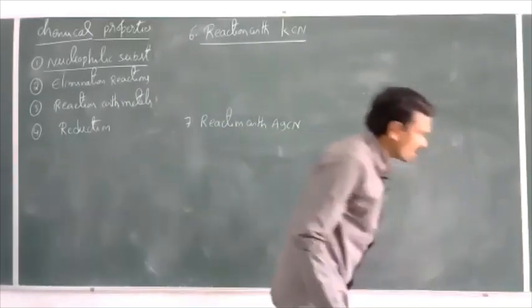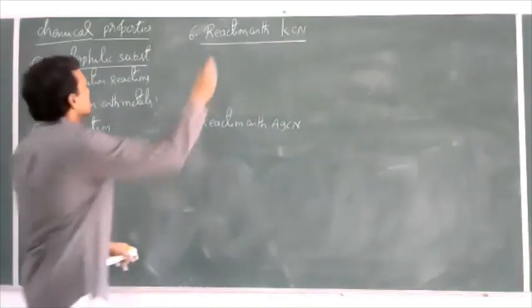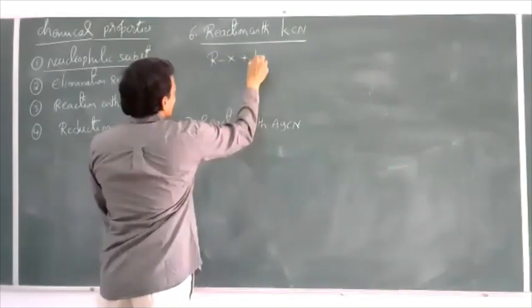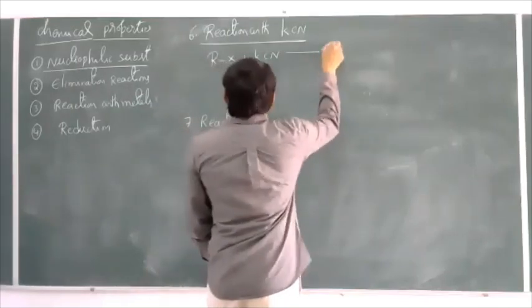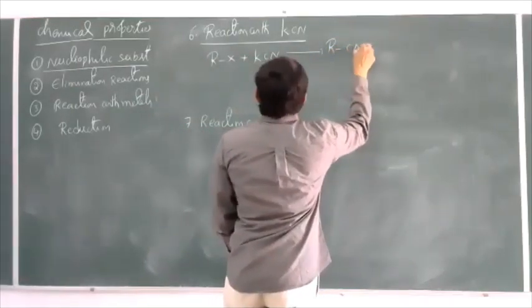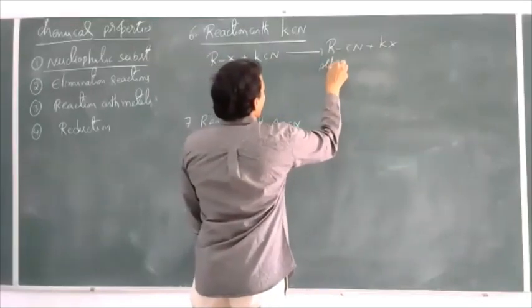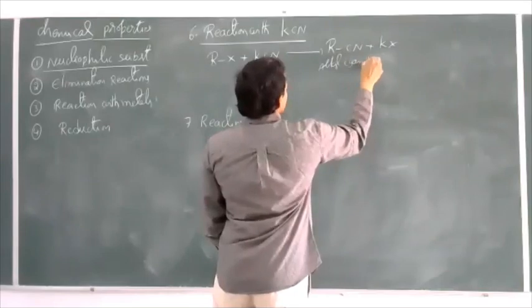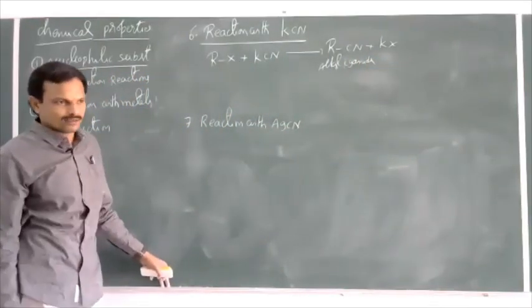Both are cyanides, but in both cases we don't get the same product. If a haloalkane RX is allowed to react with KCN, then we get RCN plus KX, which is alkyl cyanide. Haloalkanes react with KCN and give alkyl cyanide.